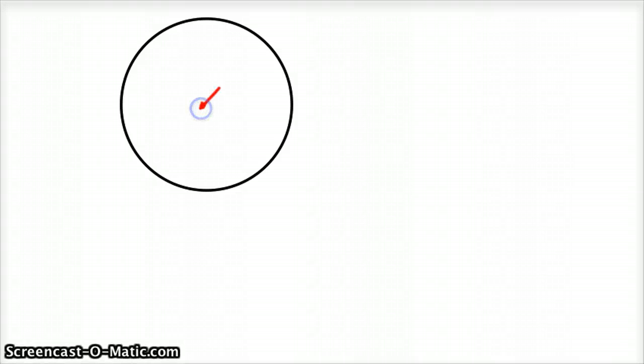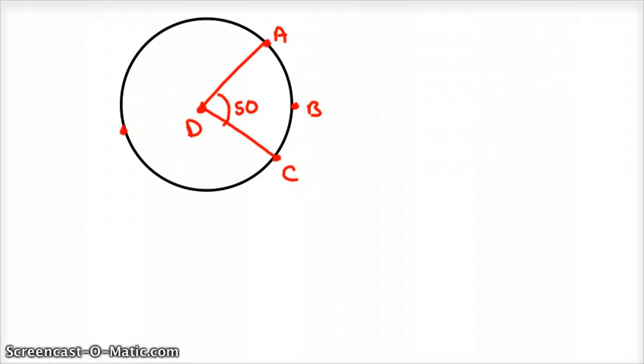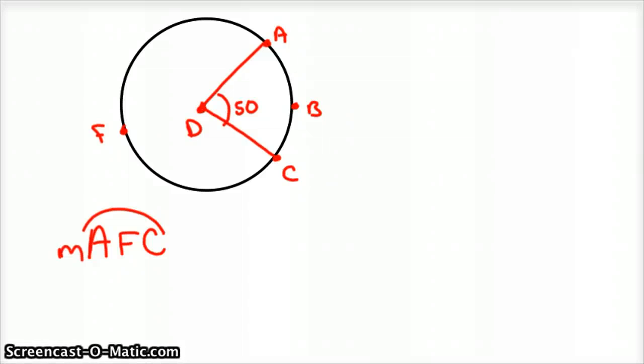Let's say we have a central angle of 50 degrees, and we'll call this A, and we'll put a B here, and a C here, and a D here, and an F here. So what is arc angle AFC? Okay, so what's the measure of arc AFC? So stop the video and see if you can figure that out.